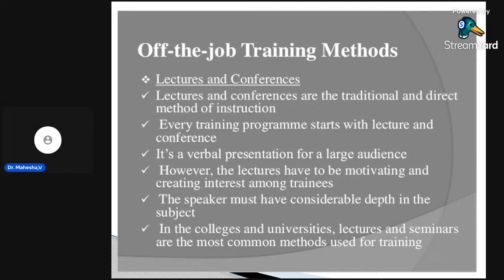However, lectures have to be motivating and create interest among the trainees. What is the challenge for the lecturer or trainer here? The main challenge is how best you can create interest among the audience and motivate the employees.